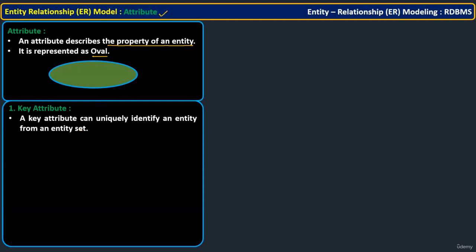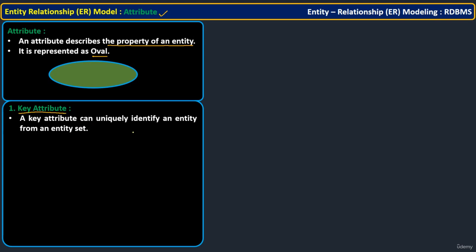Every row you must identify uniquely, so you have to select one attribute, or a set of attributes, as the key attribute. That is the primary key.